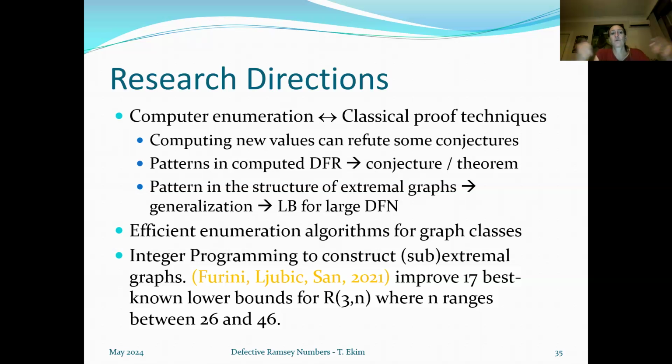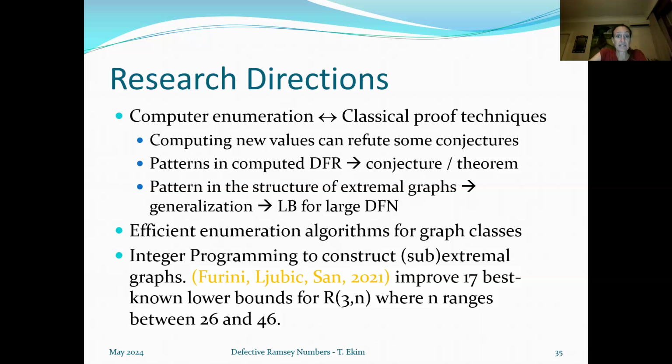But we can also observe some patterns in the computed numbers and formulate related conjectures, which can then turn into theorems. And actually, we could observe some patterns in the structure of extremal graphs for other extremal problems as well, that we could generalize in the constructions, and which provide lower bounds for large defective Ramsey numbers.